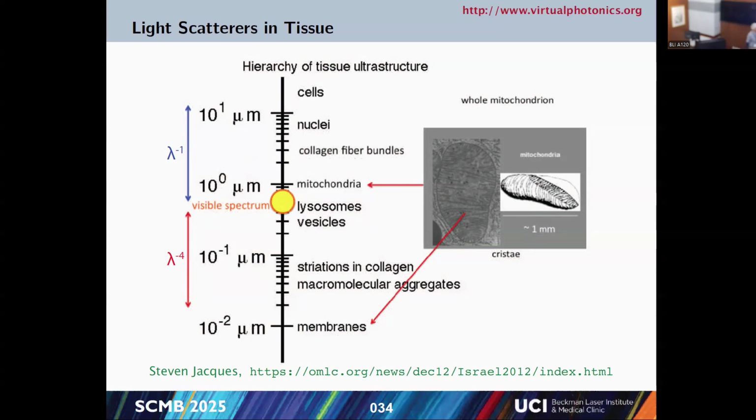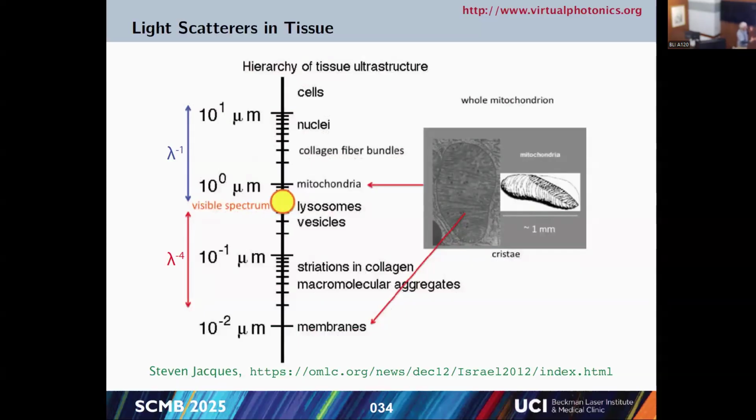You've got organelles that are on spatial scales of hundreds of nanometers, mitochondria on the order of a micron or so, collagen fiber bundles. You have both striations and collagen molecules on the order of tens of nanometers. You have bundles of collagen that tend to aggregate on the micron to up to 3 micron spatial scale. Nuclei within cells approaching 10 microns, and cells themselves.